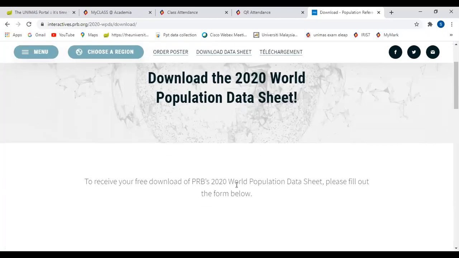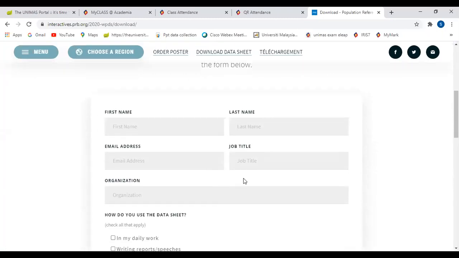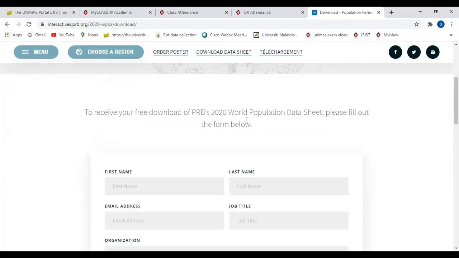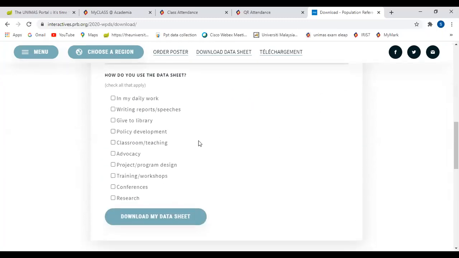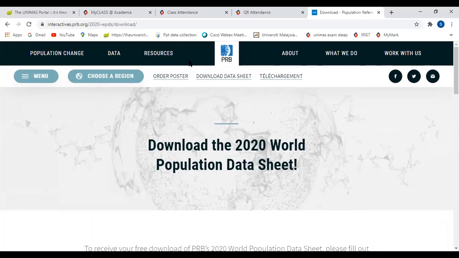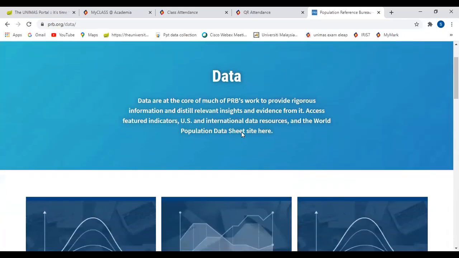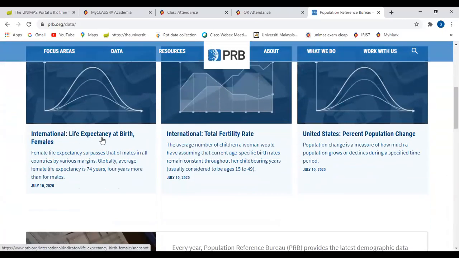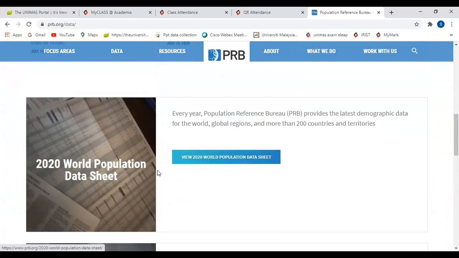Yeah, the data set you can download, but you have to provide your info lah. Identify whether you're student or for classroom dan sebagainya. Okay, banyak benda sini which you can look at ya. Looking at the data, macam-macam data yang mereka ada ya. Life expectancy at birth, international total fertility rate dan sebagainya.